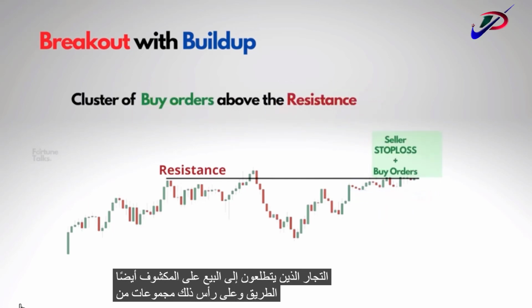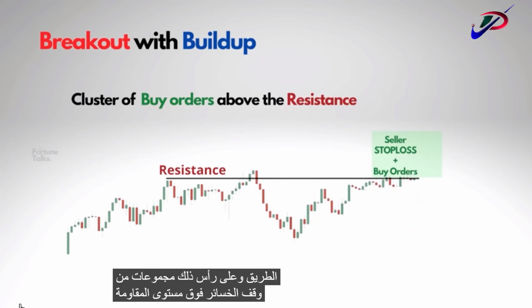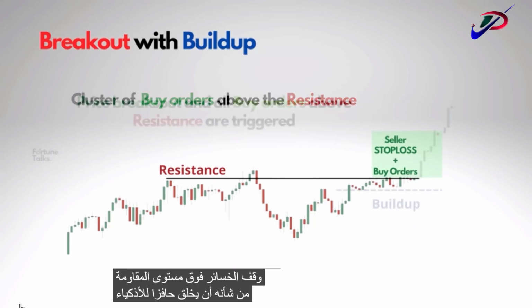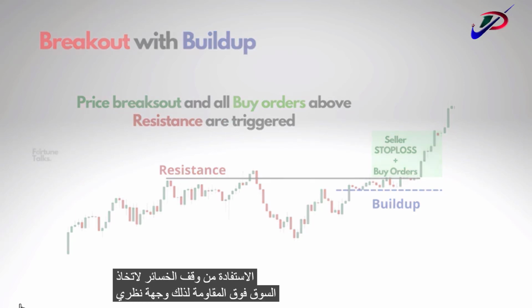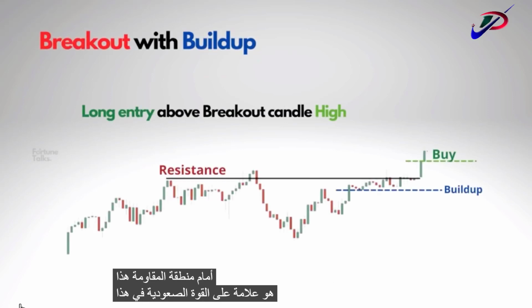And on top of that, the clusters of stop losses above the resistance level would create an incentive for the smart money or the big players to actually break out higher, so that they can leverage the stop losses to take the market above the resistance. So my point is that when you see a consolidation at a resistance, basically a build-up just in front of the area of resistance, this is a sign of bullish strength.